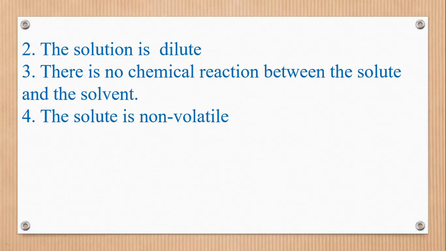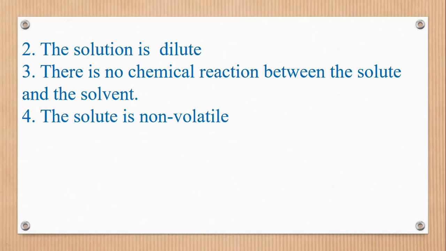Then another limitation or principle under which the colligative property may work well is that the solution is supposed to be dilute. So the solution having the solute is supposed to be dilute. Then another one, there is no chemical reaction between the solute and the solvent. So the solute, which is supposed to be dissolved in the solvent, should not chemically react with the solvent, because when the solute reacts with the solvent, we shall obtain a new product.